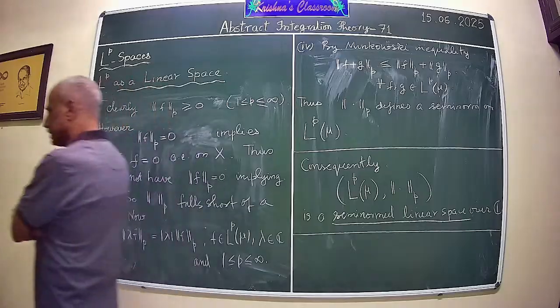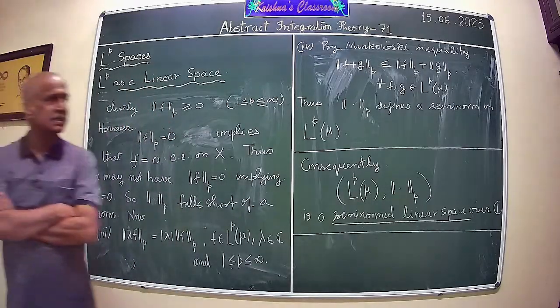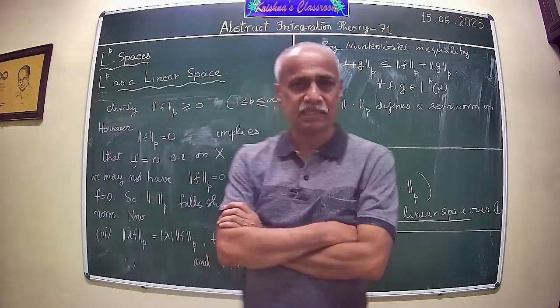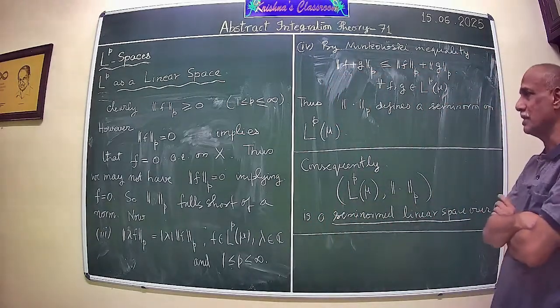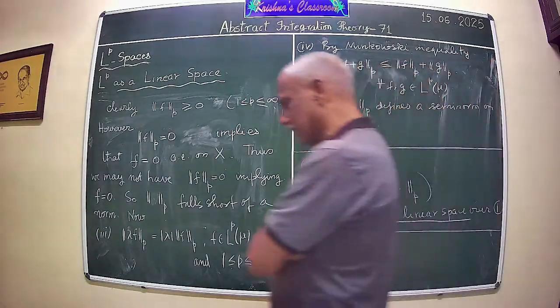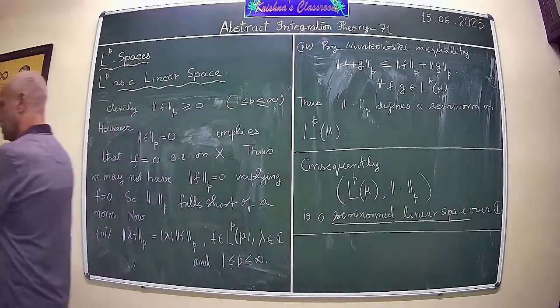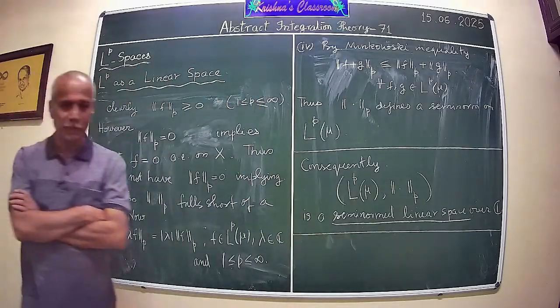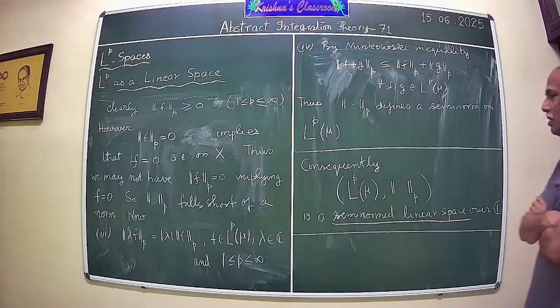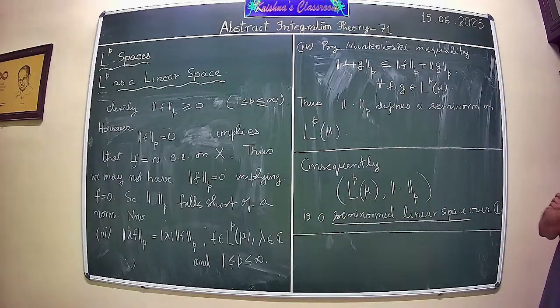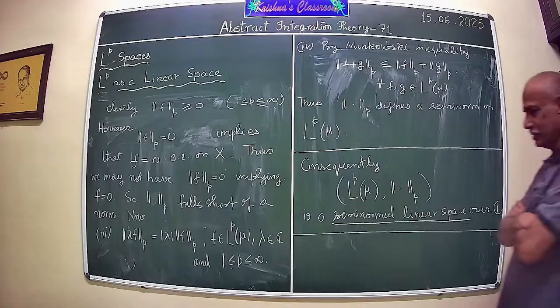Under restricted conditions, now you can easily see that this becomes a normed linear space. For instance, suppose you restrict yourself not to the L^p functions, but only to the continuous functions which are L^p, then all these properties are satisfied, and then it will become a normed linear space.